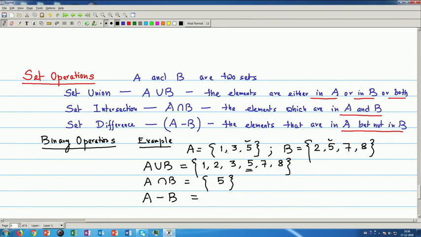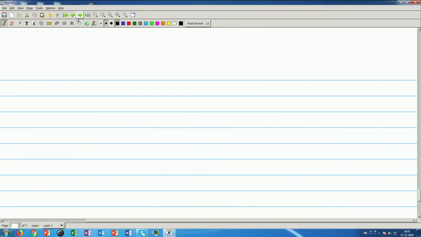There are only 2 elements, 1 and 3, which are in A, but not in B. Then what is B minus A? B minus A is 2, 7, 8.